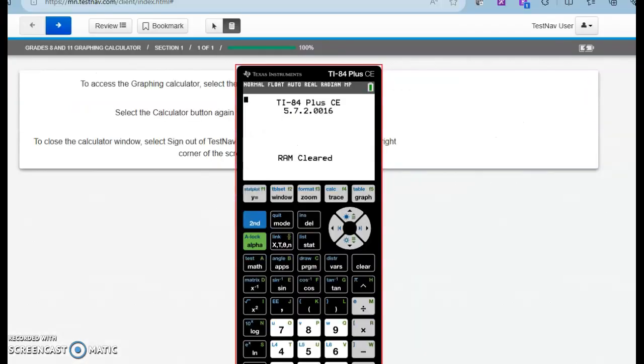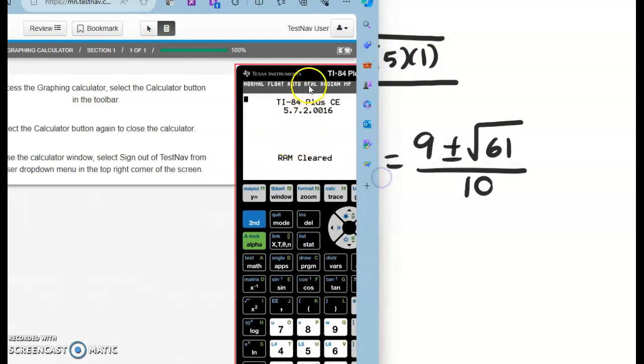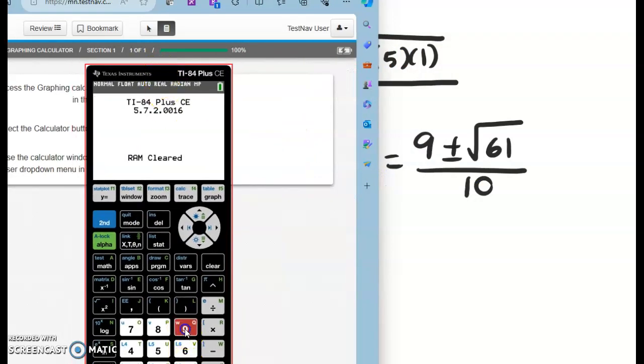I'll have 9, and I have two values here. I have 9 plus the square root of 61 divided by 10, and I have 9 minus. So I'm going to write 9 plus the square root of 61.